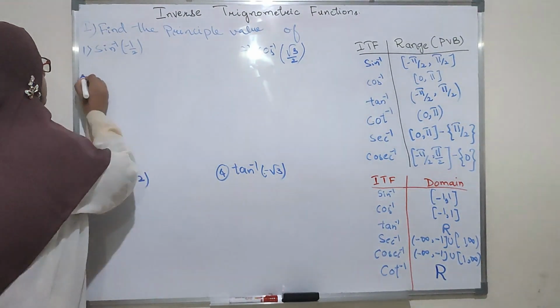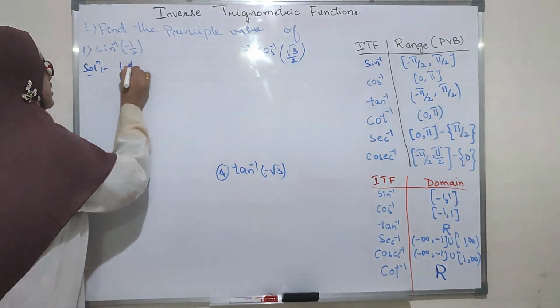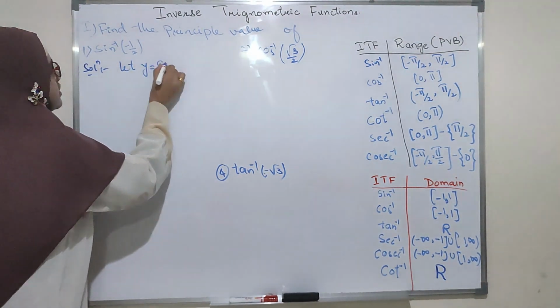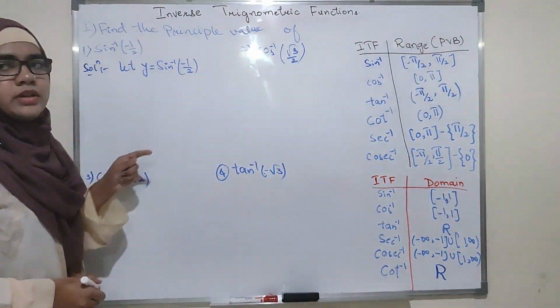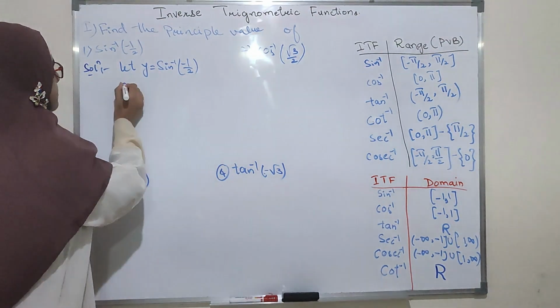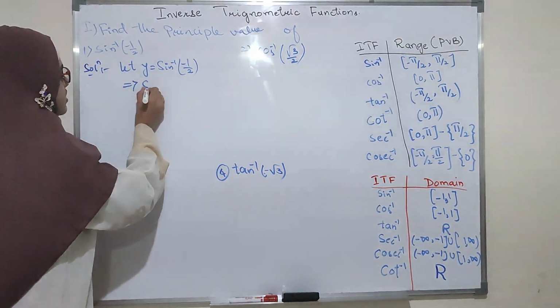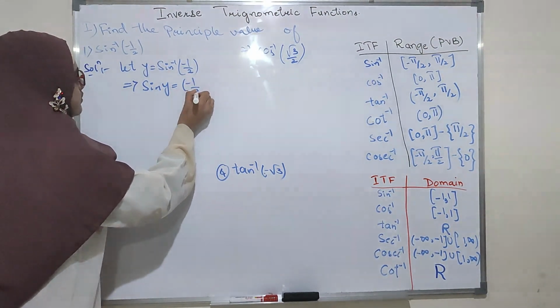So now let's solve. First consider y is equal to sine inverse of minus 1 by 2. If I take the inverse here, it will become sine y is equal to minus half.